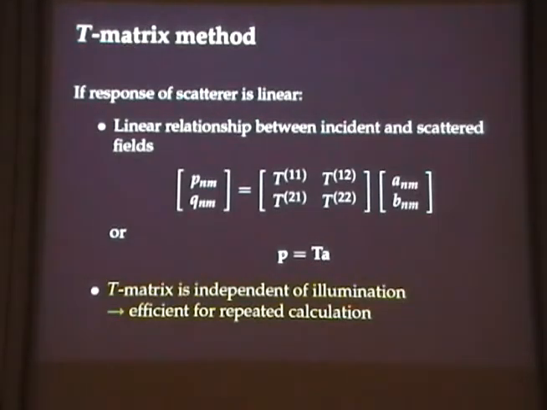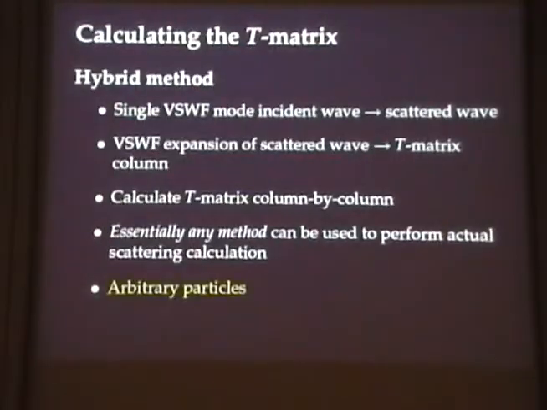So if I can calculate my scattered field for a single incident mode, I can calculate one column of the T matrix. I can cycle through all the possible incident modes and calculate a T matrix column by column.